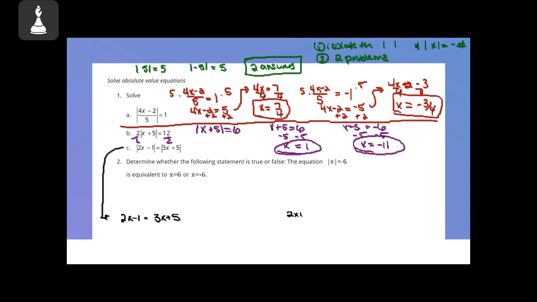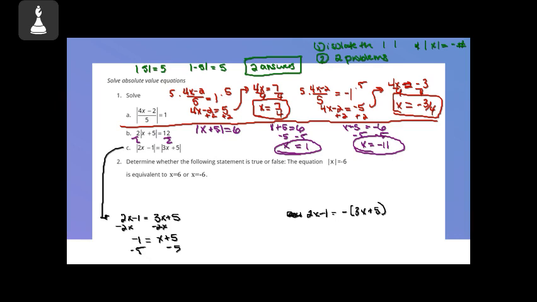So what I need to do here is I'm going to move my smaller x, so minus 2x from both sides. I have negative 1 equals x plus 5. And then if I subtract 5 from both sides, I get negative 6 equals x. The other one, 2x minus 1 equals the opposite of the other side, so negative 3x minus 5.